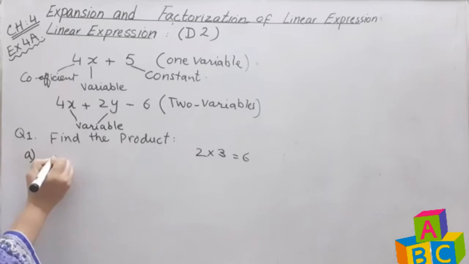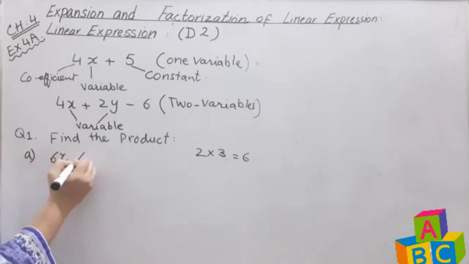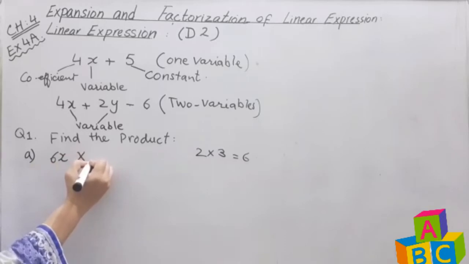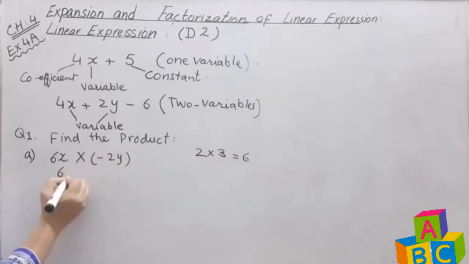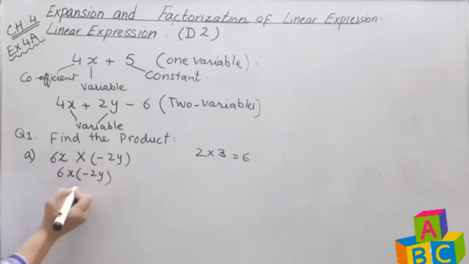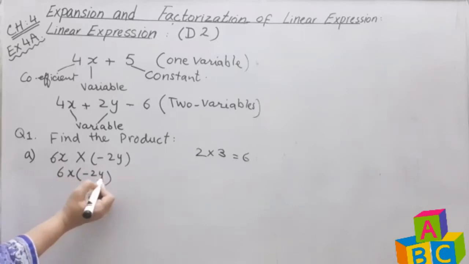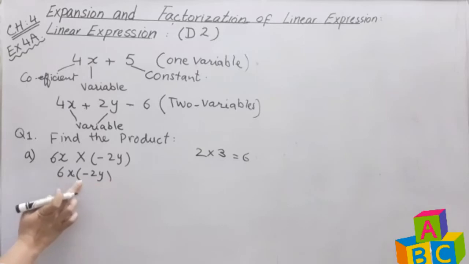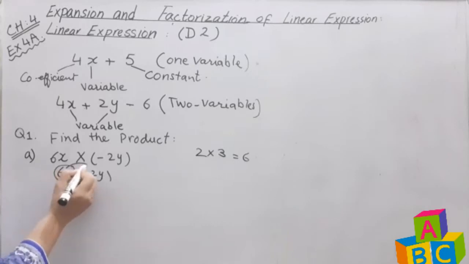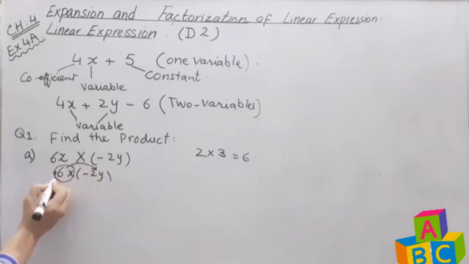A part is 6x multiplied by minus 2y. If I write this expression 6x minus 2y, there are two variables, but they are not the same, so we don't know what their quantity or answer is. So the 6x, multiplied by the inside expression, where nothing is written there is a plus.